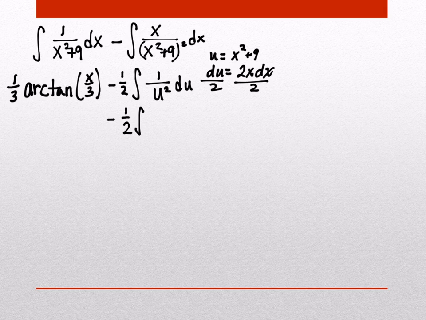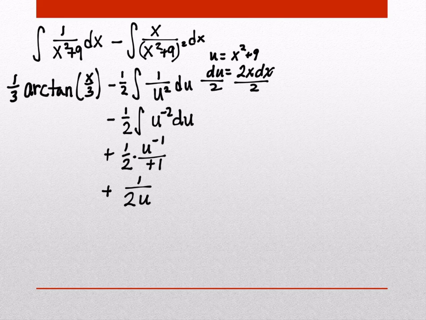This is minus 1/2 the integral of u to the negative 2 du. What's the antiderivative of u to the negative 2? U to the negative 1 over negative 1. So this ends up being a plus 1 over 2u, and u is x squared plus 9.